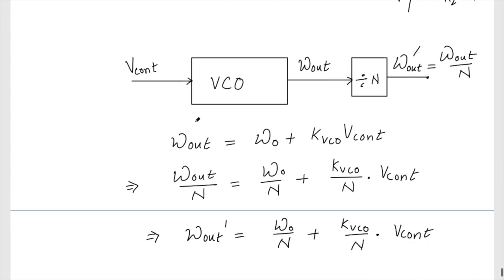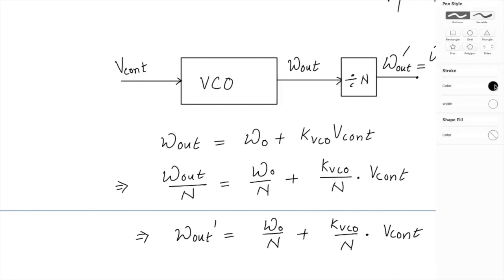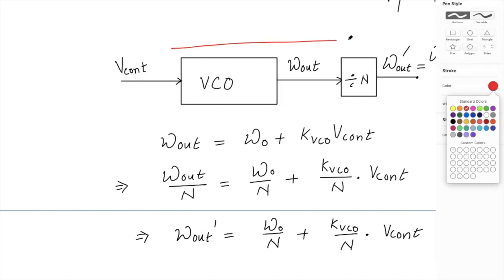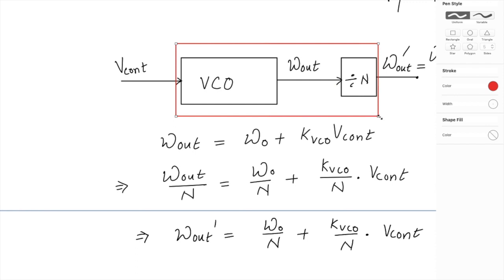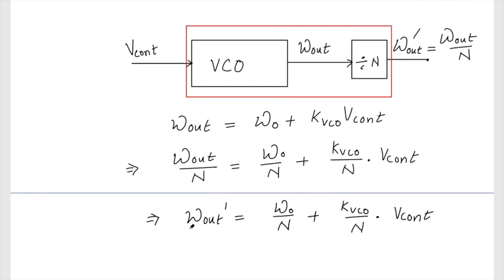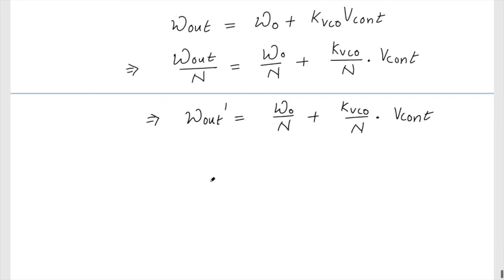So instead of seeing it as if I have a VCO and a divider, I can see this whole thing as a new VCO, which has the characteristics of this expression.